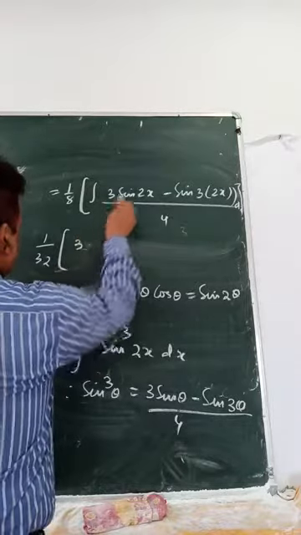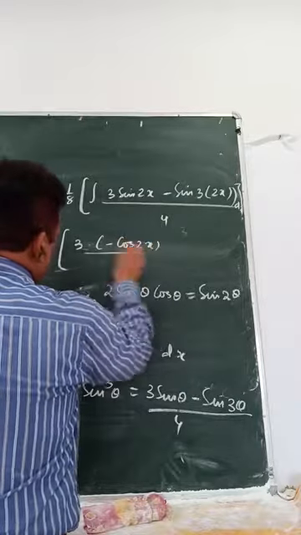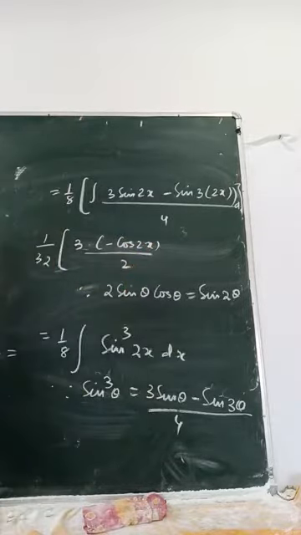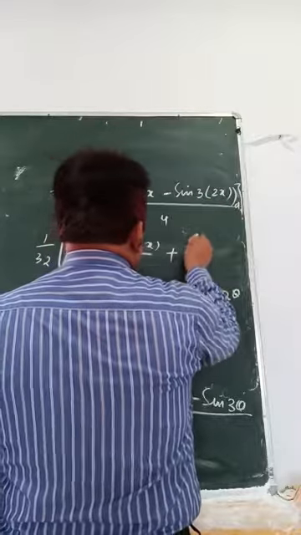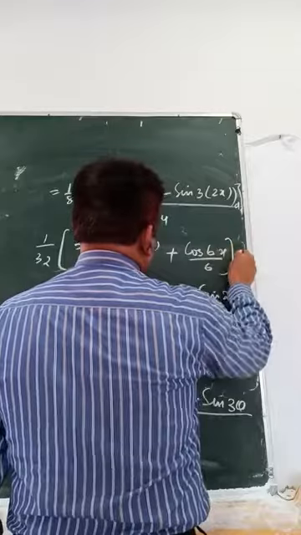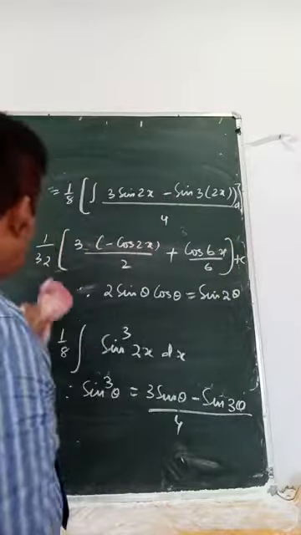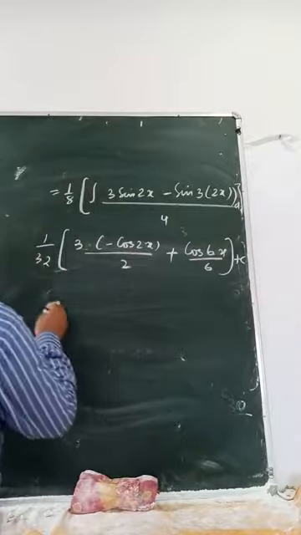3 sin's integration is minus cos 2x by 2. This minus will be plus cos 6x by 6 plus a constant. So if you multiply, that will be easy for us.